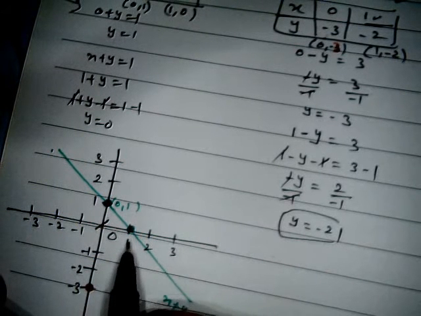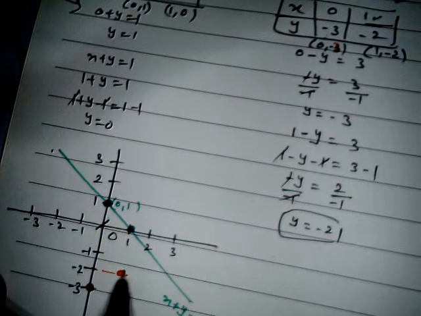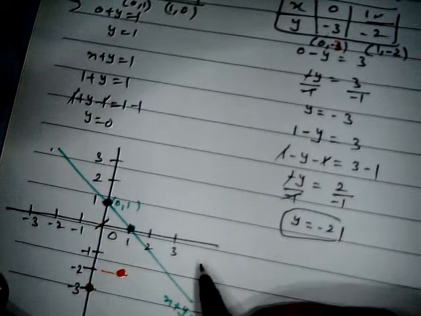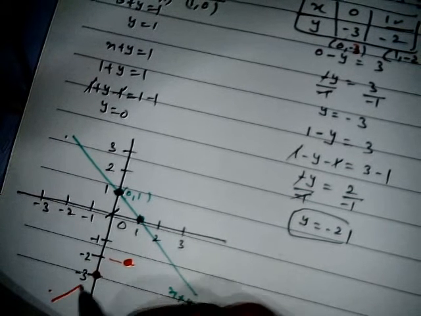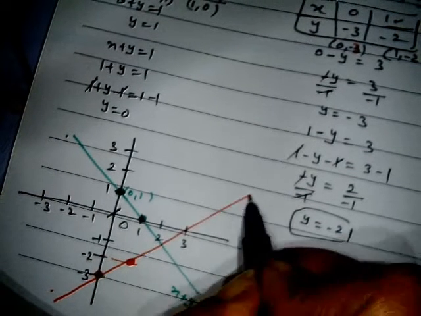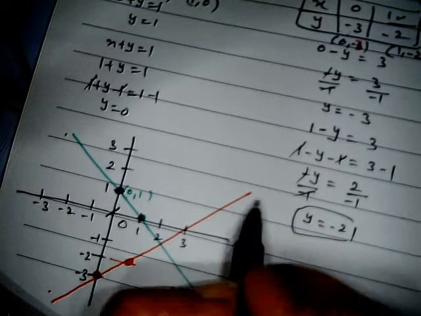By joining these points you plot a line. So the green line is for x plus y equals 1, and the red line is the L2 line for x minus y equals 3.